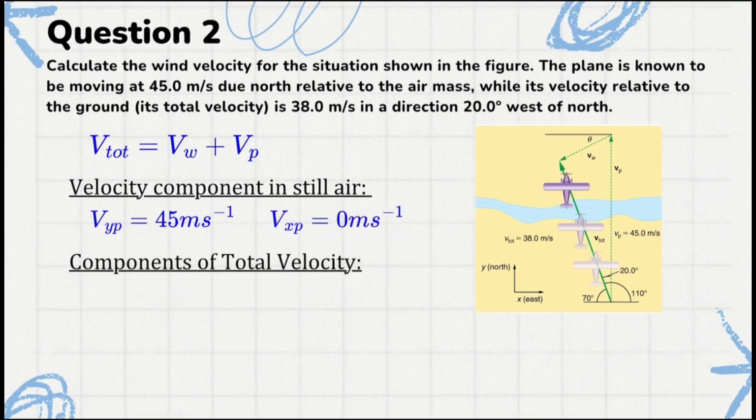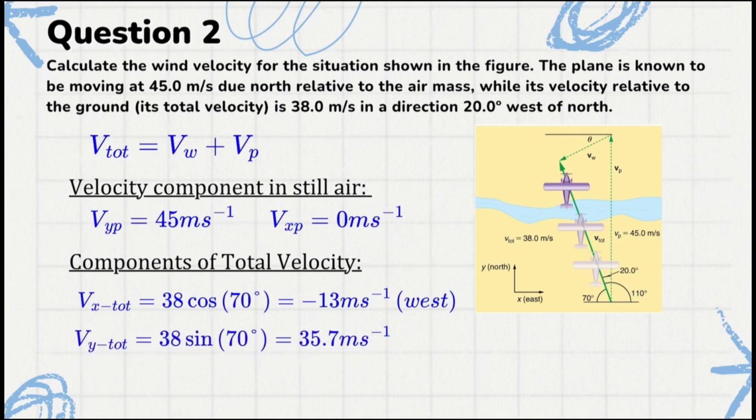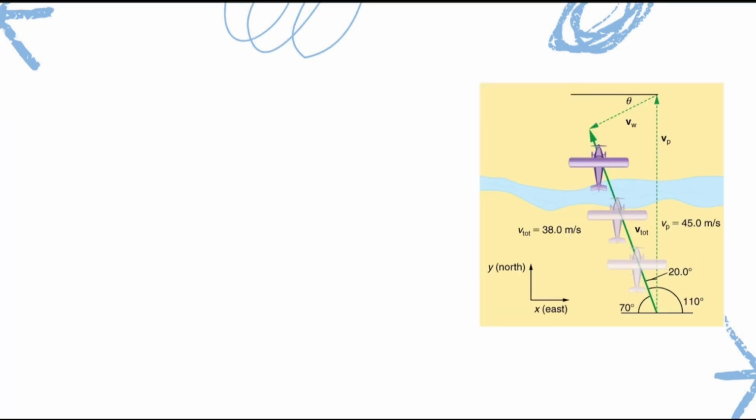For the components of the total velocity, since the plane is moving at an angle of 70 degrees from the ground as shown in the figure, the x component of the total velocity equals 38 cos 70 degrees, which is 13 meters per second, and the minus sign in front indicates the west direction movement. For the y component of v total, it equals 38 sin 70 degrees, which is 35.7 meters per second. As mentioned previously, v total equals Vw plus Vp.